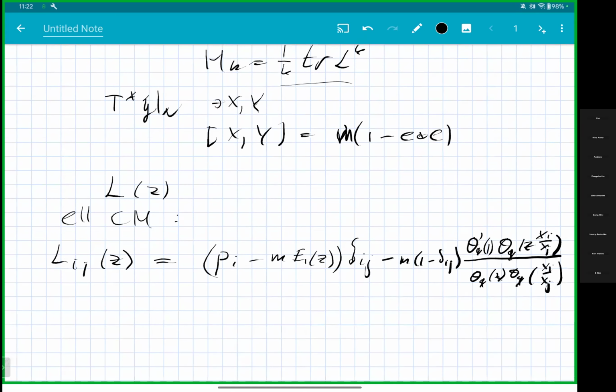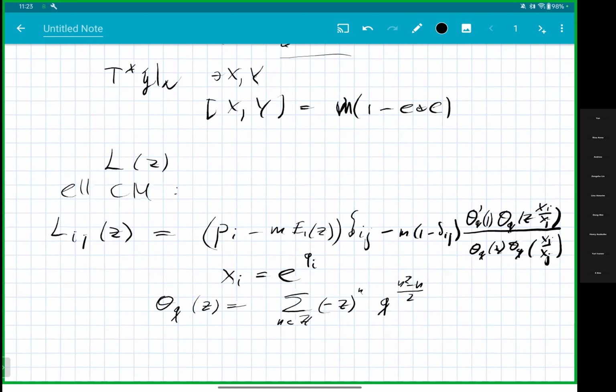Compared to the previous case, xi are just exponentiated coordinates, and theta is the theta function, and E1 is its logarithmic derivative.